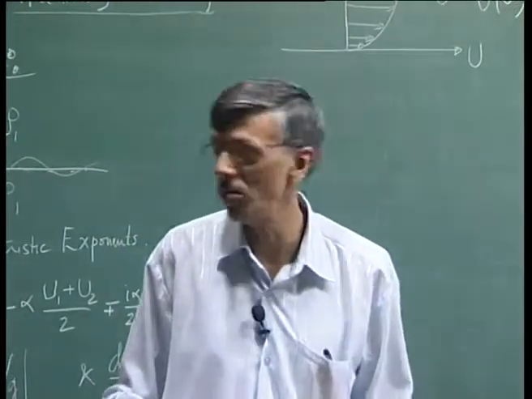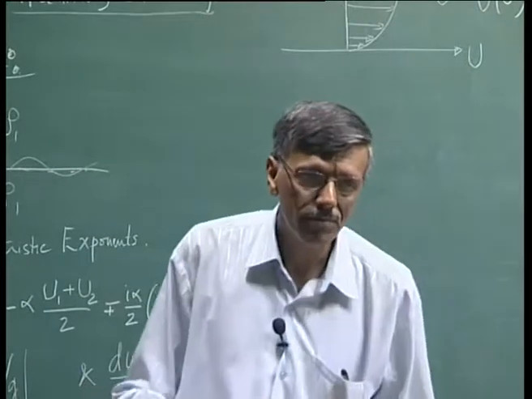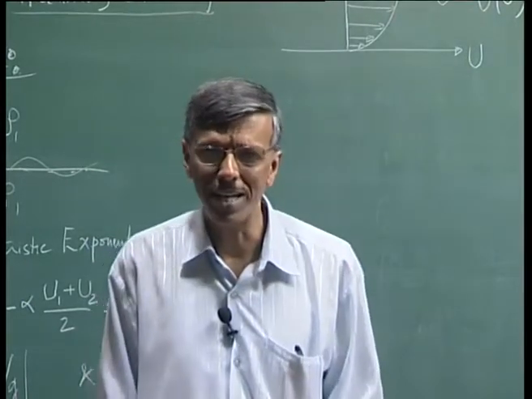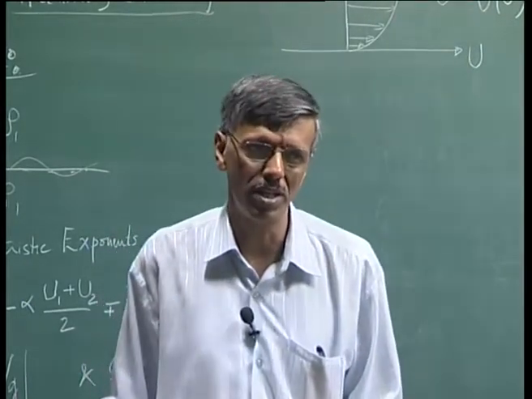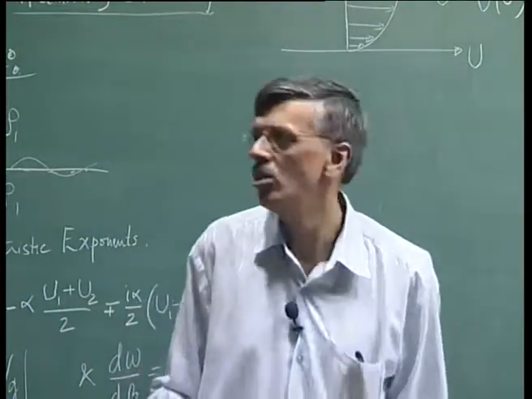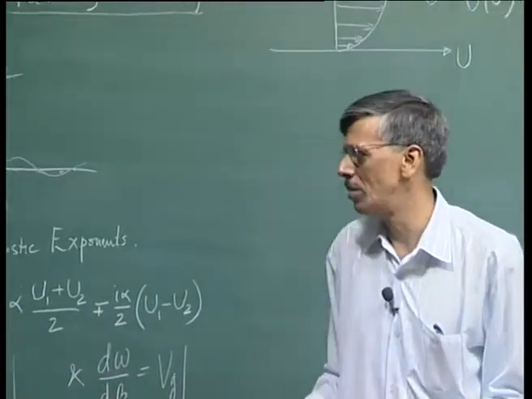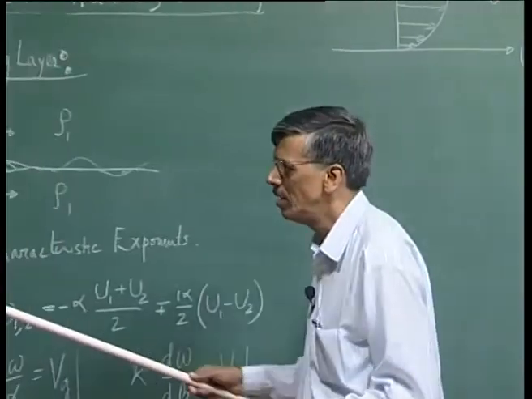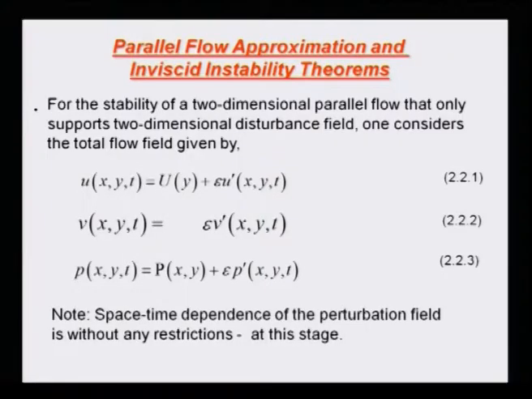We are calling them parallel flows, and we are neglecting the growth of the associated shear layer. Okay. So, with that, we will begin our discussion. You now understand what a parallel flow approximation is. It is an approximation.